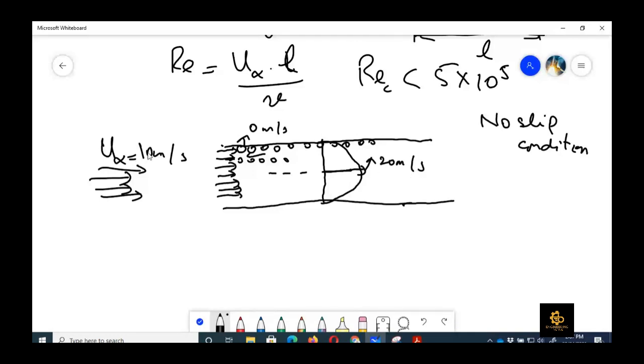The uniform value was 10 meter per second, but the center line velocity would be 20 meter per second. Why is it more than the uniform value? Because at certain regions the velocity is less than 10 meter per second, so in order to compensate for that volume flow loss, the velocity at the mid plane or center line becomes more. And this drag force, whenever, okay, let me zoom into it.